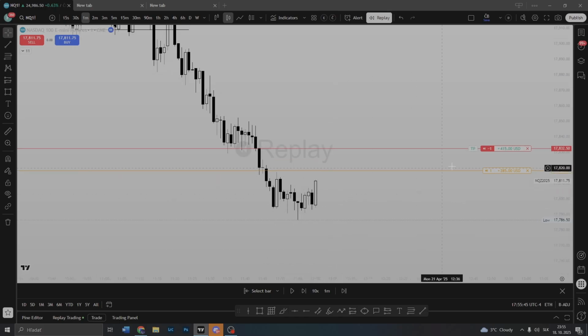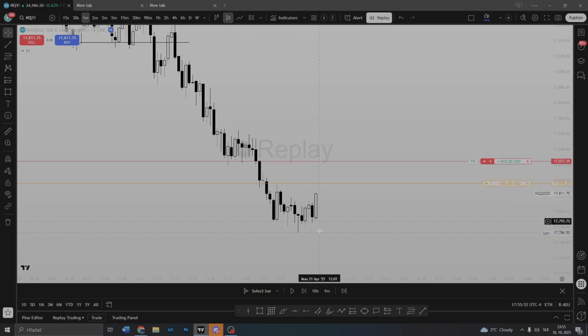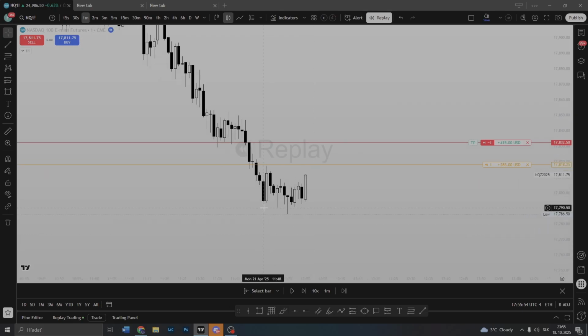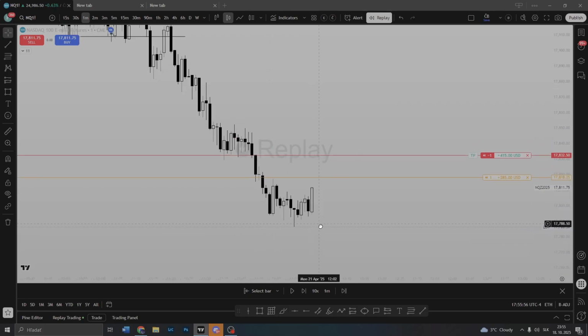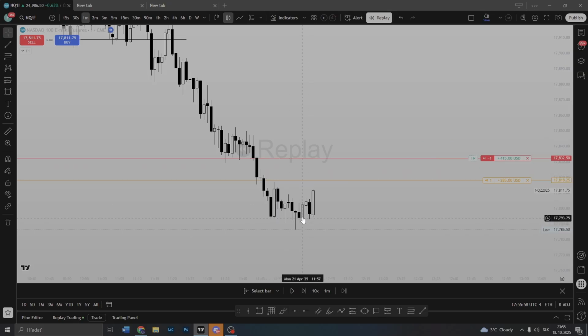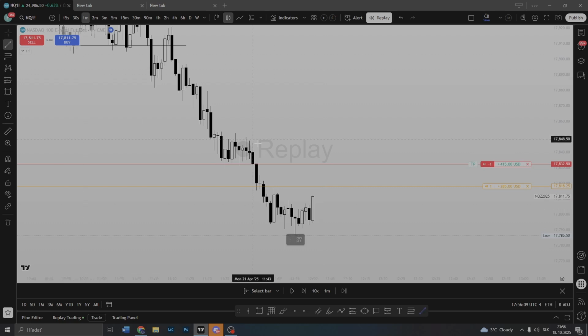right. To be honest, I don't like these shorts anymore. We are near lunch, basically we are in the lunch macro right now. We soup the lows 3 times, we are not able to expand lower right now, and we are starting to see bullish order flow coming in. The best thing that can happen for longs right now is just a closure above 11:41.